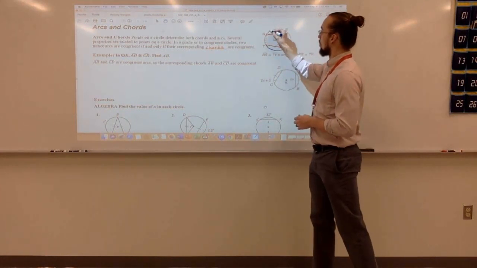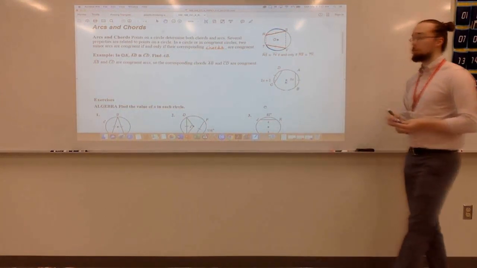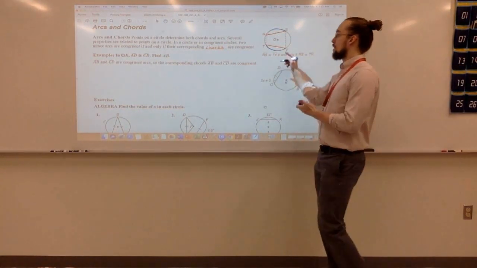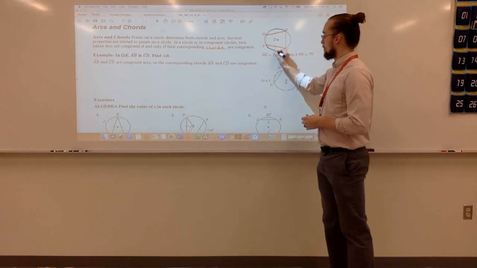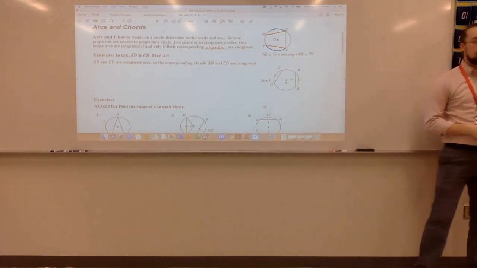Then we can say that arc RS and arc TV are congruent. To denote congruent chords, we use the same notation as for congruent segments. We just put the same number of tick marks or dashes on there.